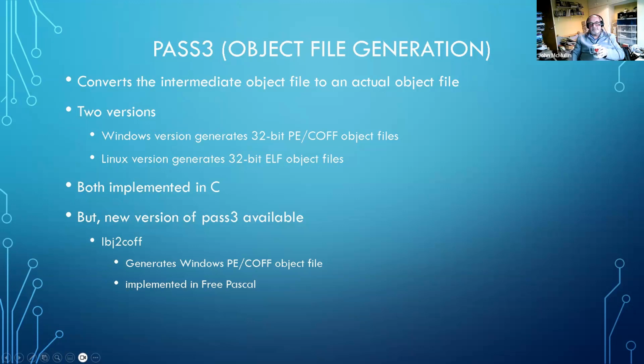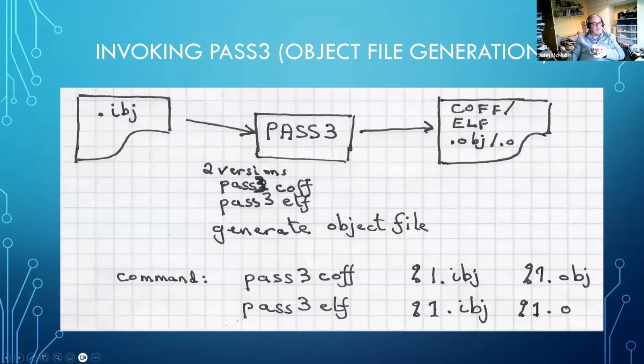So I've got to make sure that the C versions that work are still consistent with the 3 Pascal version. Pass3 takes the IBJ and generates the COF or ELF file.